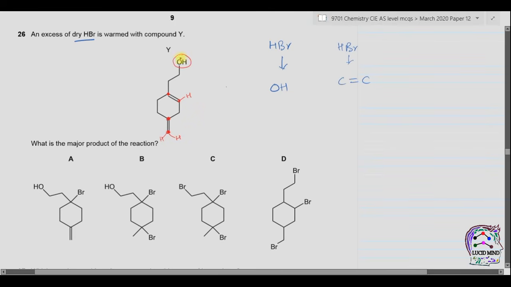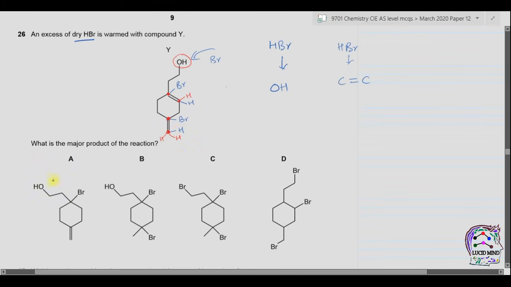And this is OH of primary alcohol. So HBr will replace this OH with Br, and according to Markovnikov addition we should have Br over here and H on this carbon. Similarly, according to Markovnikov addition, Br must be here and hydrogen on this carbon atom.